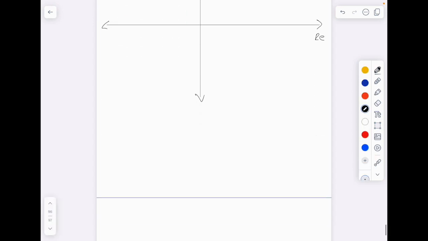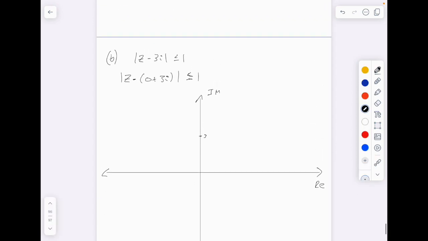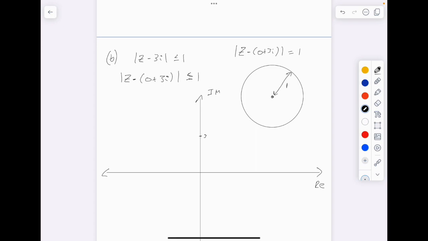Well, if you think about it, z minus (0 plus 3i) equals 1 is basically the same thing as having a circle where the radius is equal to 1.